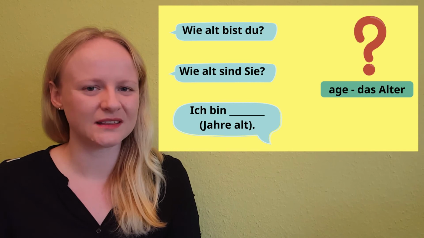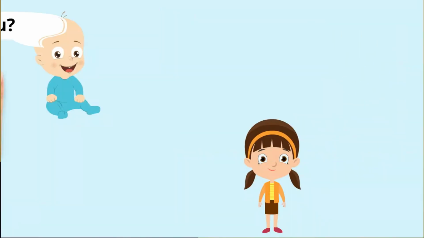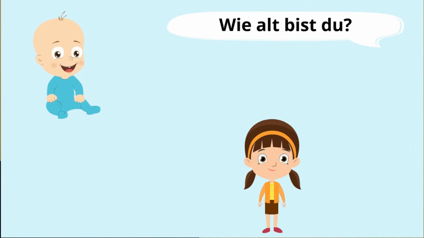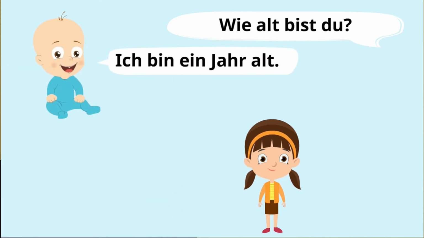So let's practice that together, starting small. Wie alt bist du? Ich bin 1 Jahr alt. At least this is what the baby would say if it could already talk at 1 year of age.